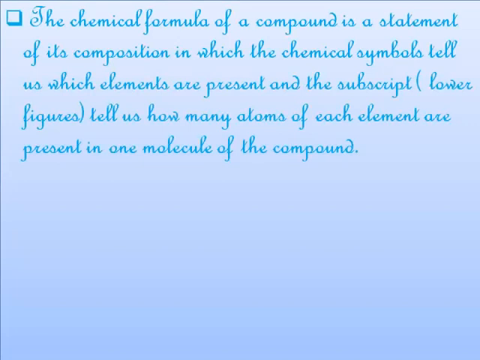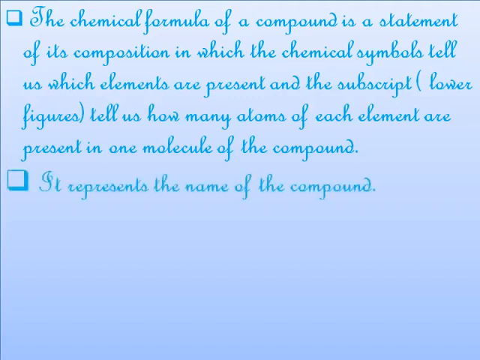The chemical formula of a compound, thus, is a statement of its composition in which the chemical symbols tell us which elements are present, and the subscript or lower figures tell us how many atoms of each element are present in one molecule of the compound.